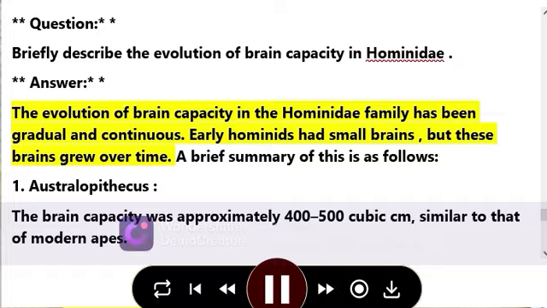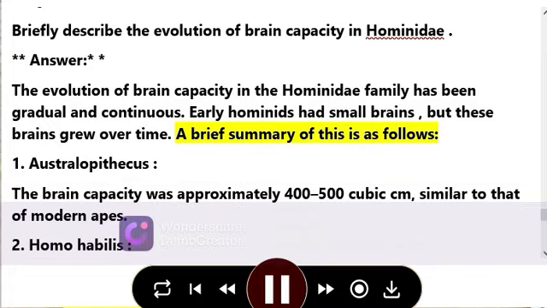Early hominids had small brains, but these brains grew over time. A brief summary of this is as follows.